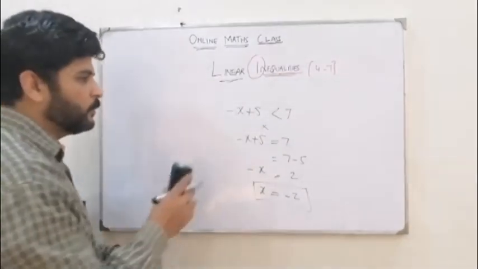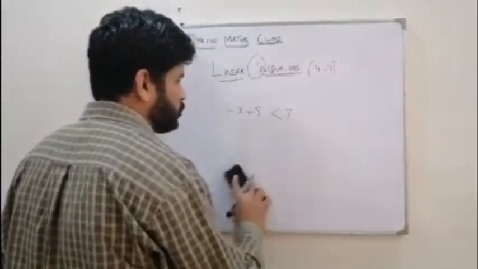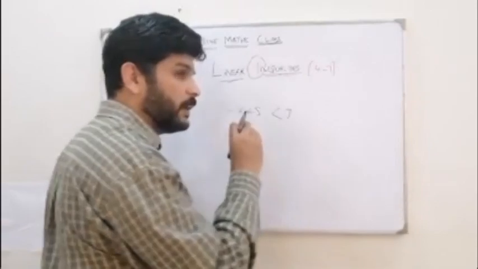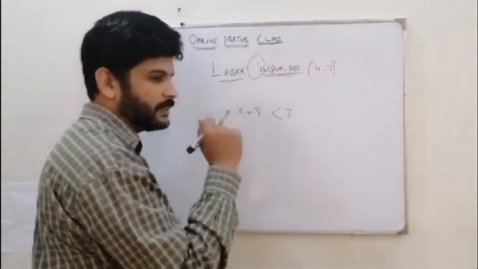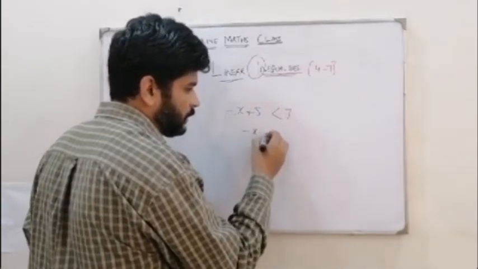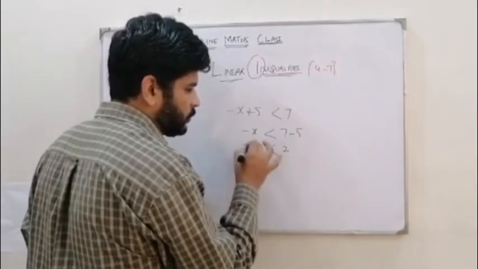In inequality, you don't do it this way. In inequality, you should remember one golden rule here. First of all, you will find the value of negative x. So you are going to bring it here. So this is negative x. This is 7 minus 5. So negative x is equal to 2.